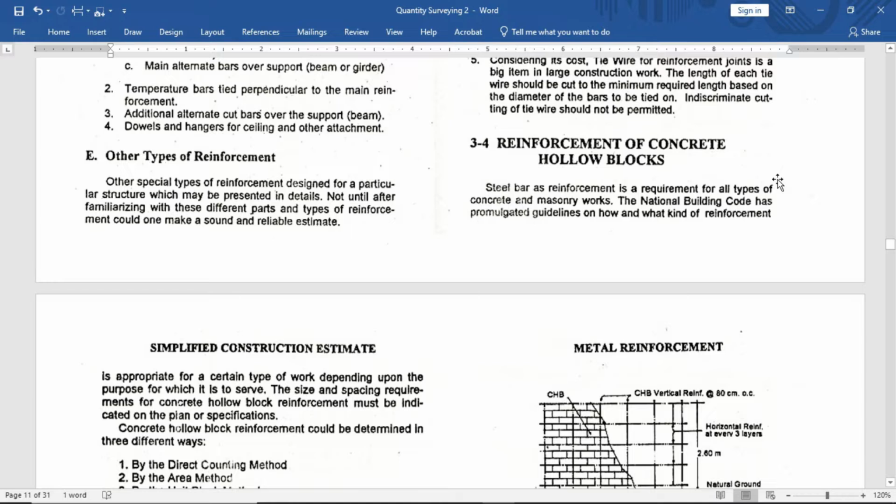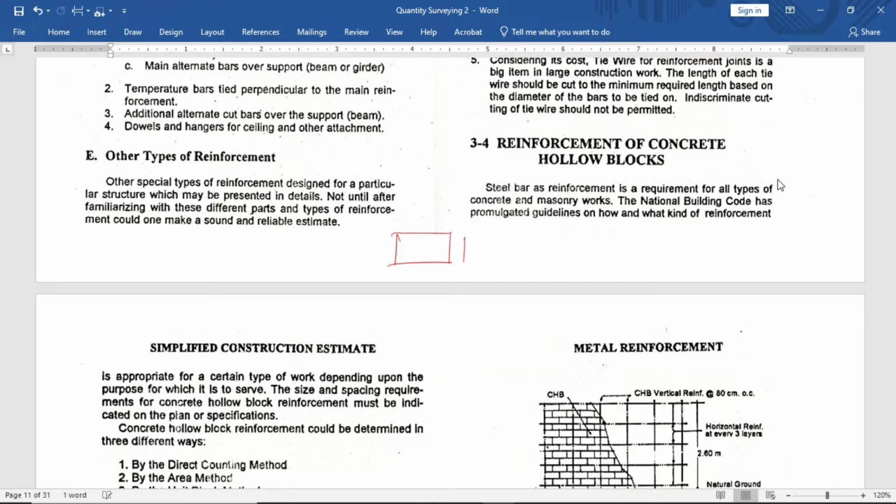Steel bar as reinforcement is a requirement for all types of concrete and masonry work. So, yung last time, concrete tsaka masonry works lang tayo. Hindi lang basta, for example, kukompute ka ng floor slab na concrete lang yung i-compute mo.